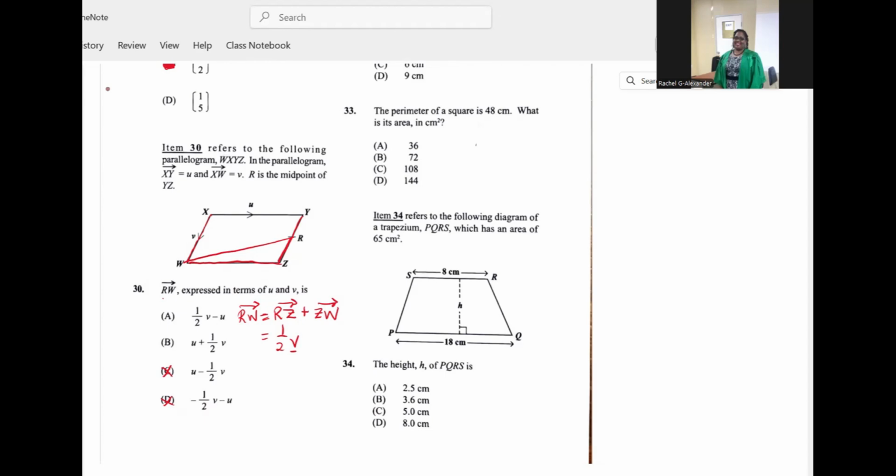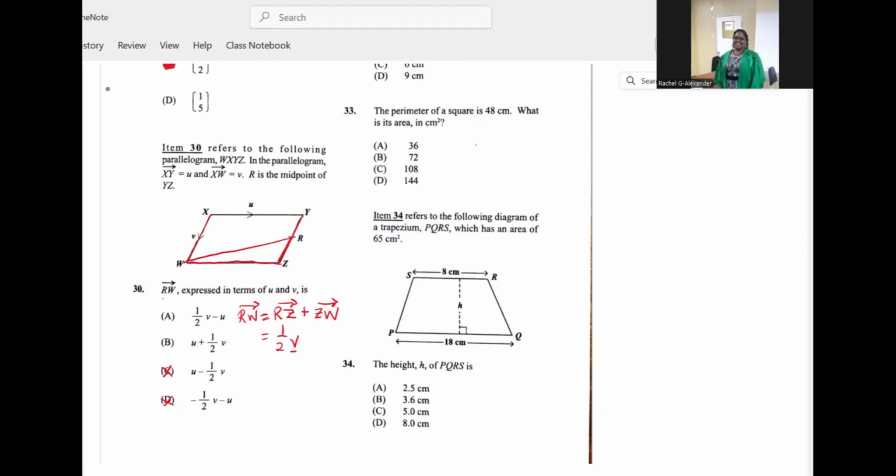And then you are adding ZW. So we want to go R to Z and then Z to W. Z to W is going opposite to this. So even though it will be the same U, because we want to go this way, we have to put a negative U. Right?